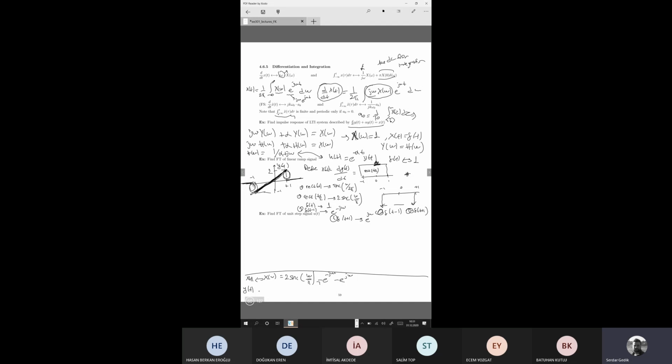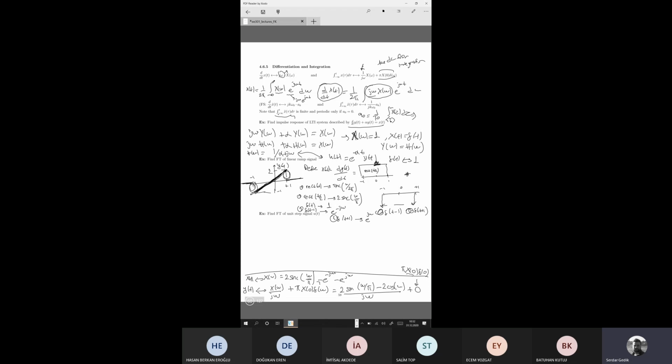Y of t has Fourier transform of x of omega over j omega plus pi x of 0 impulse of omega. So what is this? It is simply 2 times sinc omega over pi minus 2 cosine omega over j omega plus 0. This 0 is actually pi x of 0 impulse of omega.